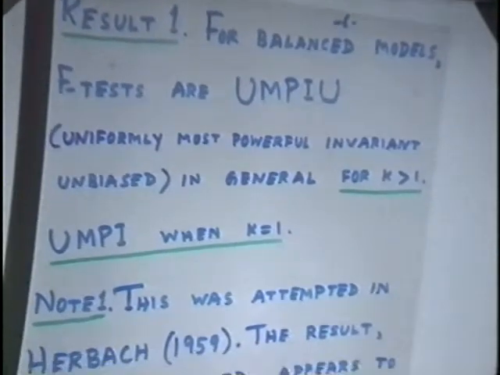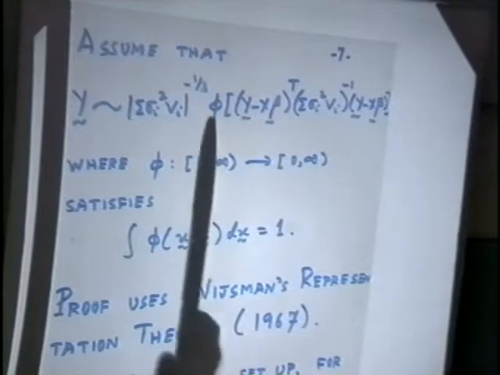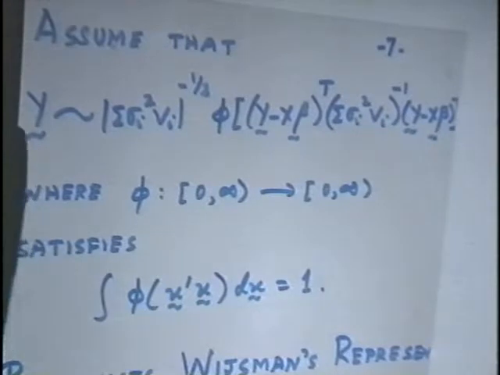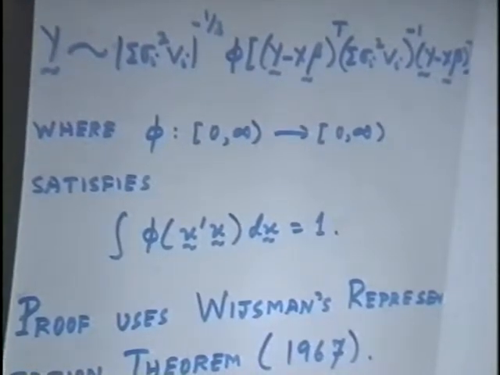So I assume that the joint distribution of y has mean X beta and dispersion matrix summation sigma square V i. Instead of assuming that phi is exponential, which will give you the normal distribution of y, you can assume any arbitrary structure like this, where phi is arbitrary, except that it satisfies the integrability condition.